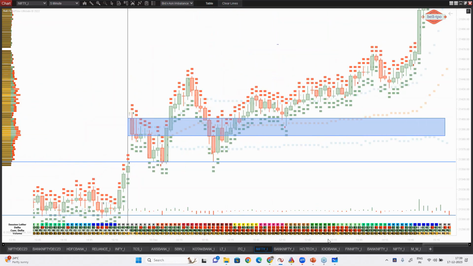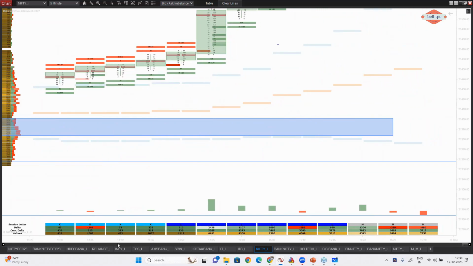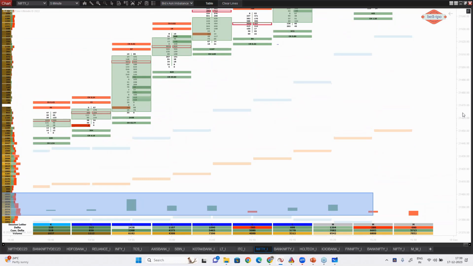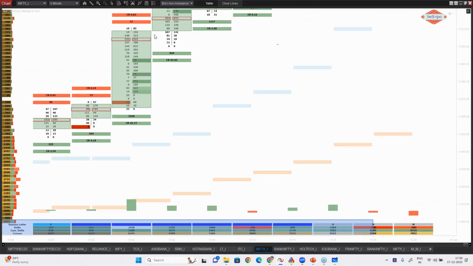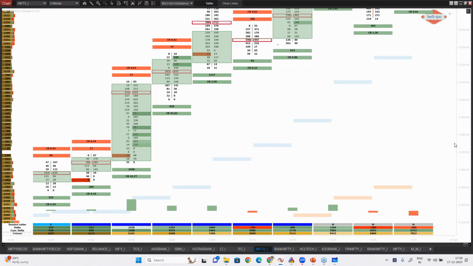This is last Friday's price action, right? Look at that, some of the candles even started trading with heavy volumes. Heavy volume is getting traded over here. Even in some places we are seeing big volume activity, 523, 835, right? These are highly liquid markets. Even 500 lots, 800 lots, 700 lots is quite common.